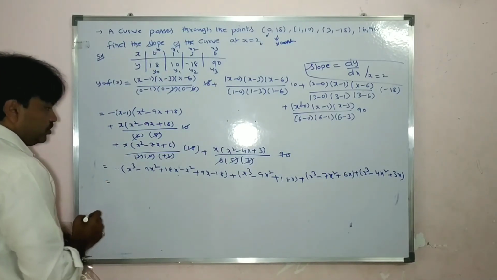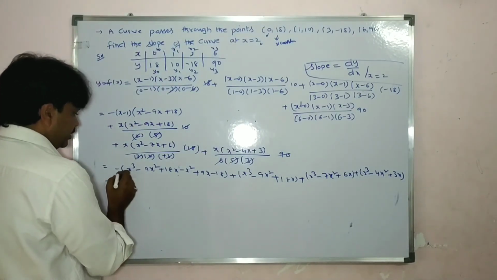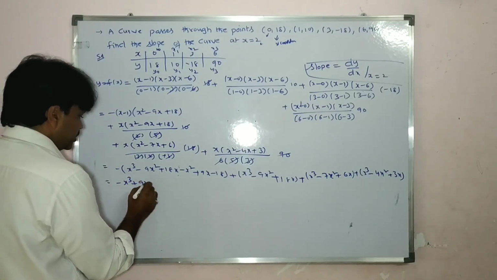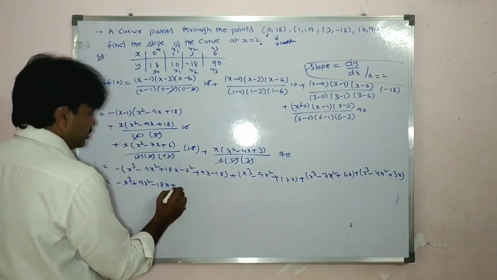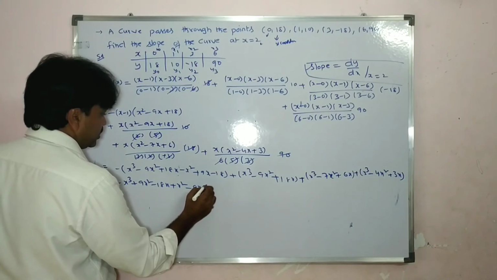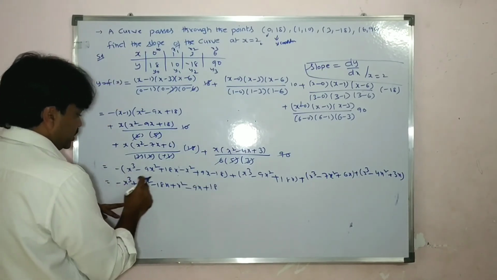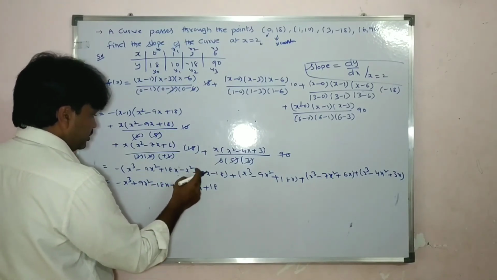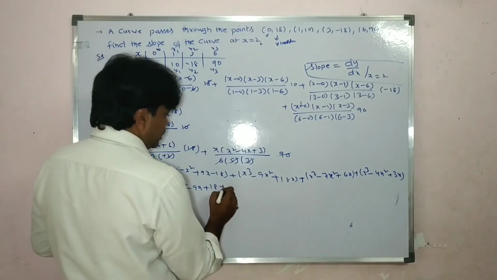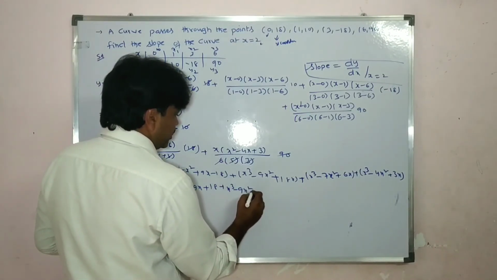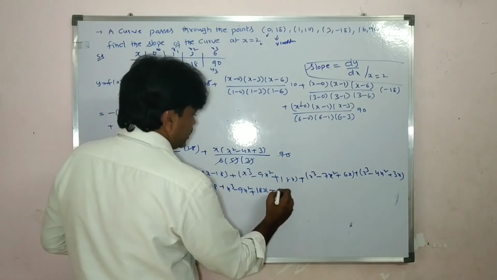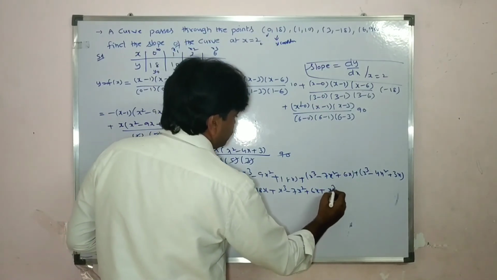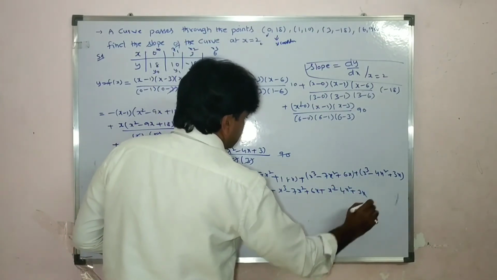So that is equal to, see students here, you multiply with minus here, we get minus x cube plus 9x square minus 18x plus x square minus 9x plus 18. Check once again students, minus plus. Plus x cube minus 9x square plus 18x plus x cube minus 7x square plus 6x plus x cube minus 4x square plus 3x.